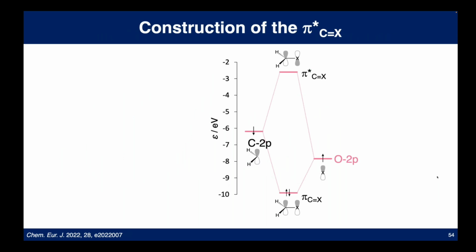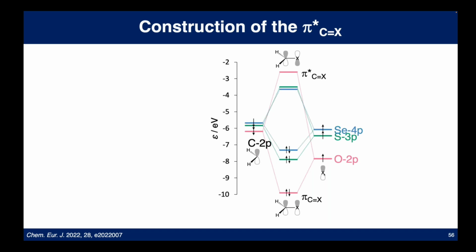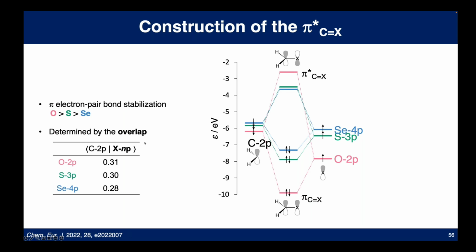We take a very simple system, an aldehyde, and we make the bond between the carbon and the oxygen, so the chalcogen. And that gives us that the stronger interaction is for oxygen than for sulfur and selenium, which are more or less the same. This follows the trend of overlap. So the pi electron pair bond stabilization is the largest for oxygen, leading to the highest pi star. And this is fully determined by the overlap.